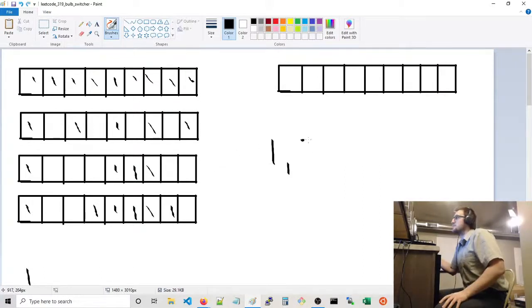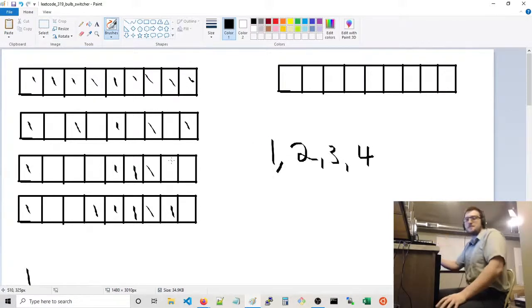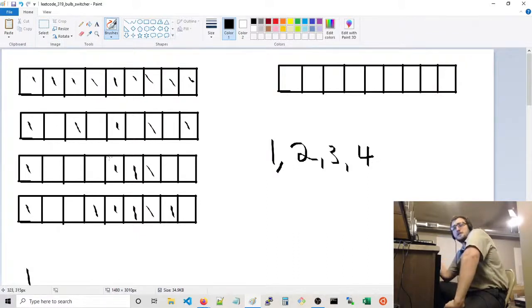So 1, 2, 3, and 4, and then you could take the number that it's divisible by and take that modulo 2, and that'll give you whether or not it's on or off. Because if it's divisible by 1, it'll be visited once. If it's divisible by 2, then it'll be visited by 1 and by 2. Divisible by 3, same thing.